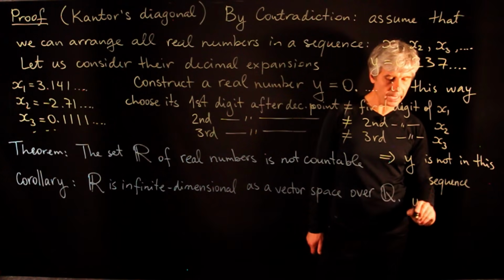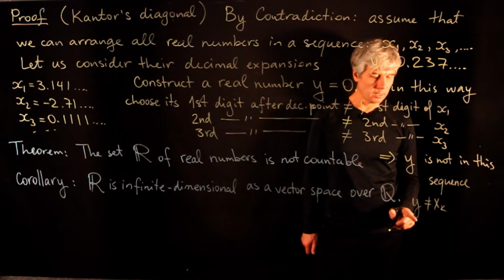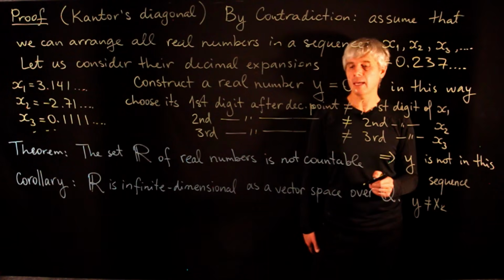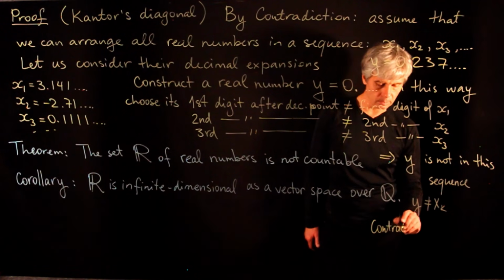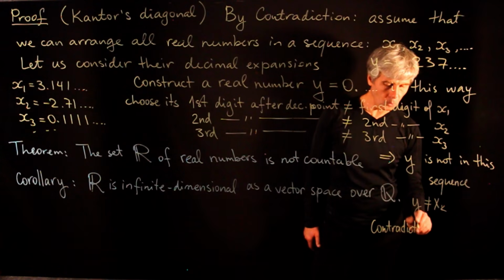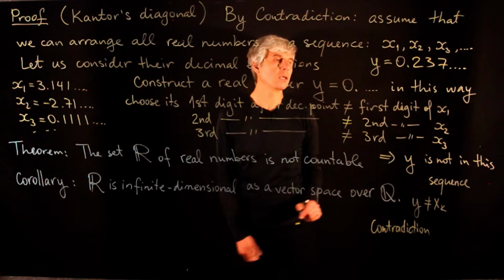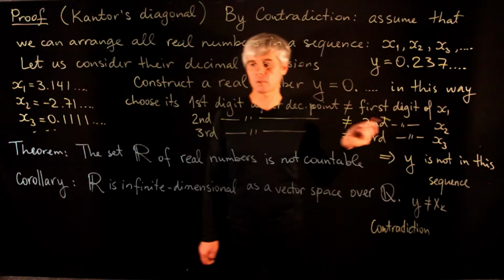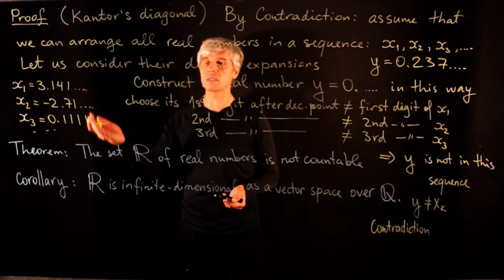So y cannot be equal to xk, because the kth decimal digits of y and xk are different by our construction. And this gives us a contradiction, because we assumed that all real numbers are listed in one sequence, and we constructed a new real number which is explicitly not in this sequence.